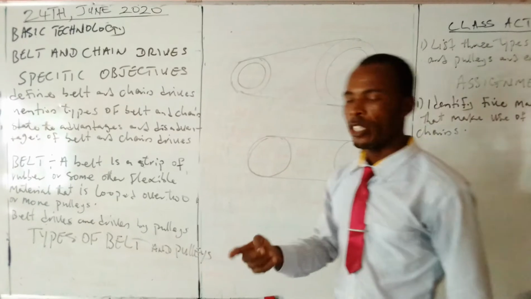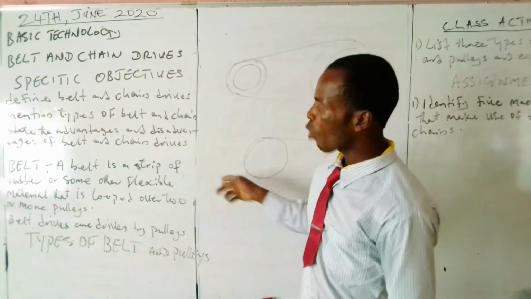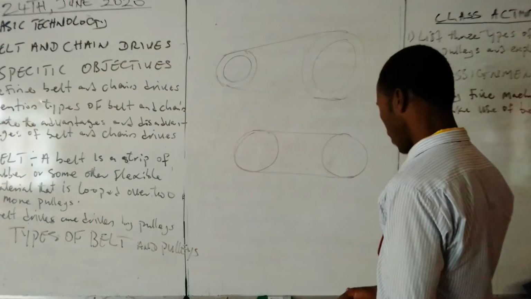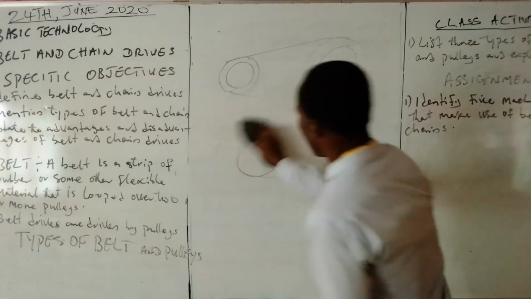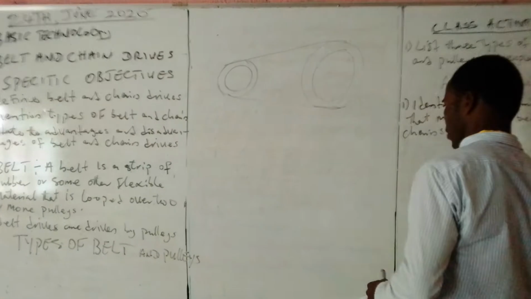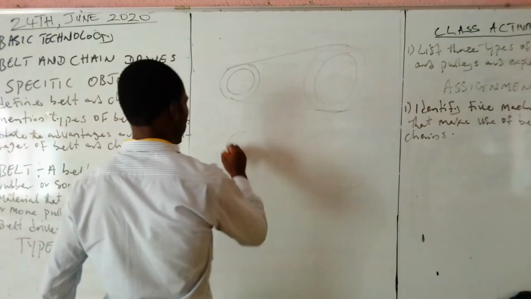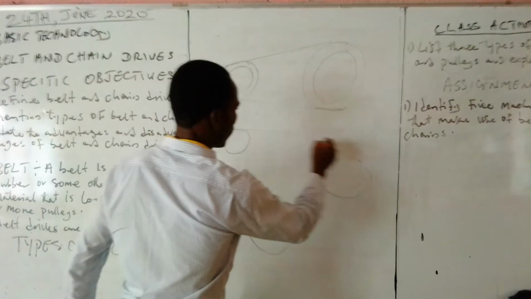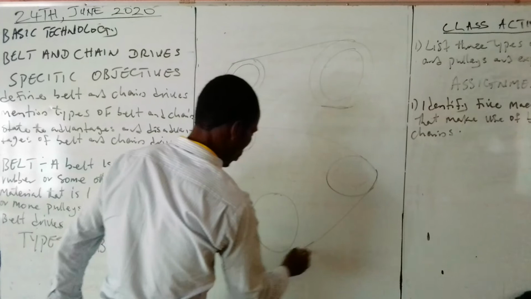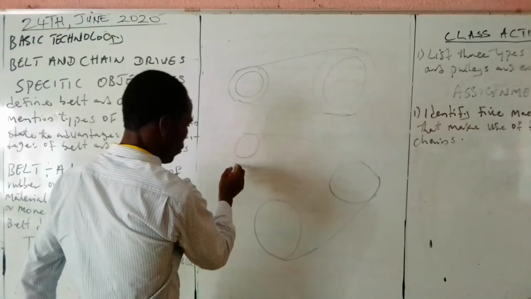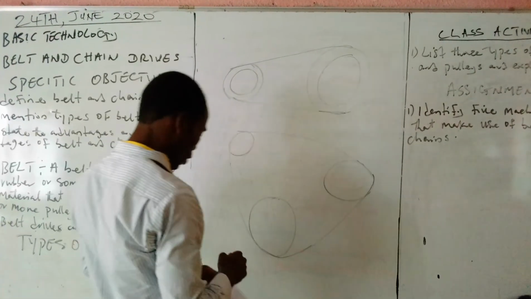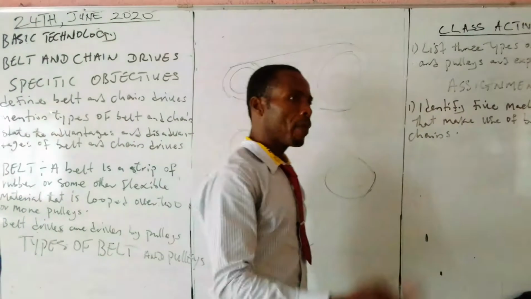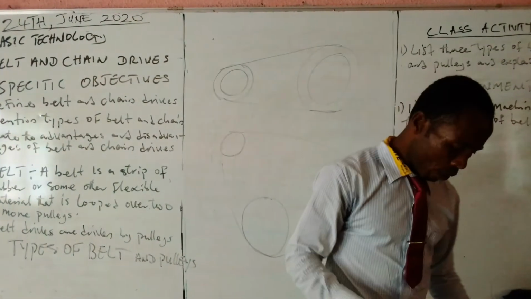The variable pulley comprises two or more pulleys. See this form? It comprises two or more pulleys. We call it variable chain. It's used to change the speed of the engine without stopping the machine.